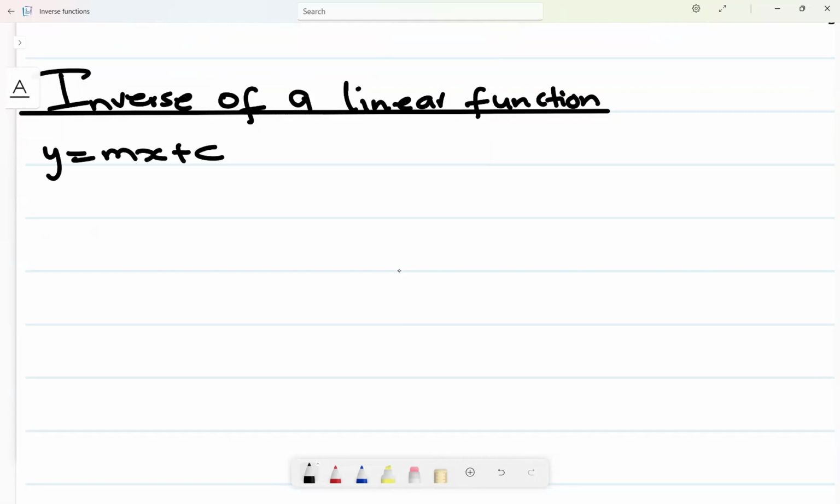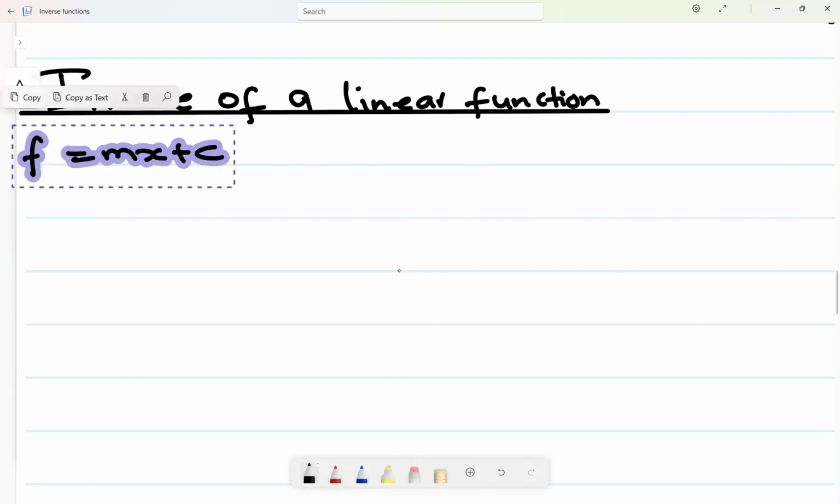Actually, I don't want to show you the formula for the inverse, because now you will want to cram it, whereas you don't need to. So here it is y equals mx plus c, let me actually use f of x.